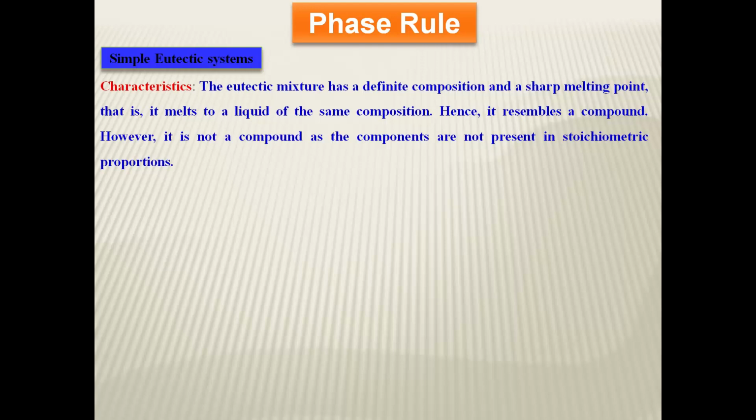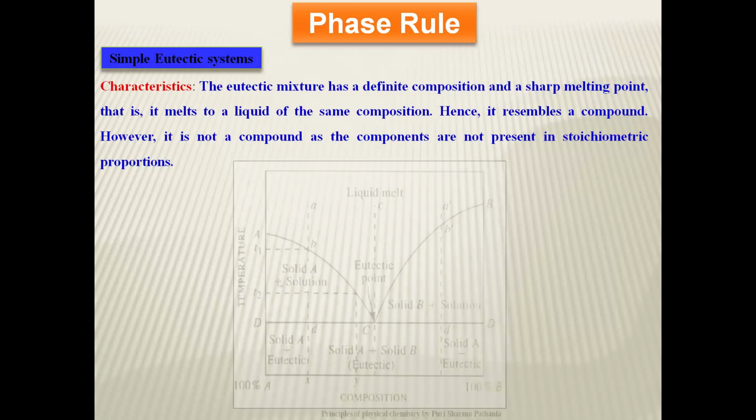It melts to a liquid of the same composition as was present in the solid phase. That is, it resembles a compound, but it is not a compound, as the components are not present in stoichiometric proportions. So it is very important to understand that they have definite composition, but they are not compounds.